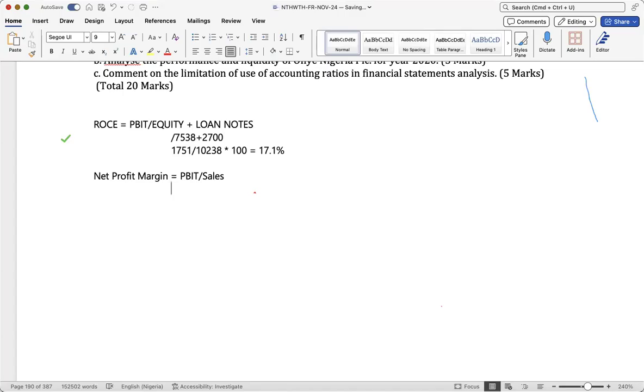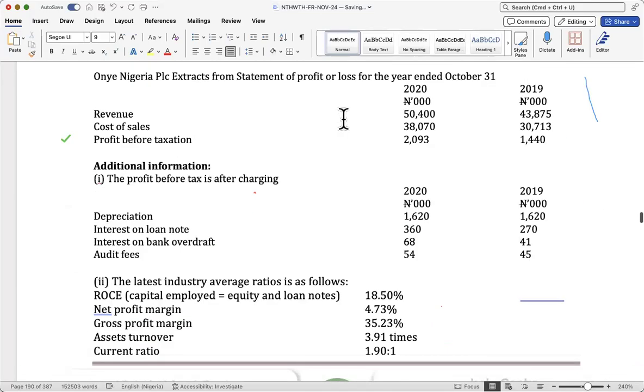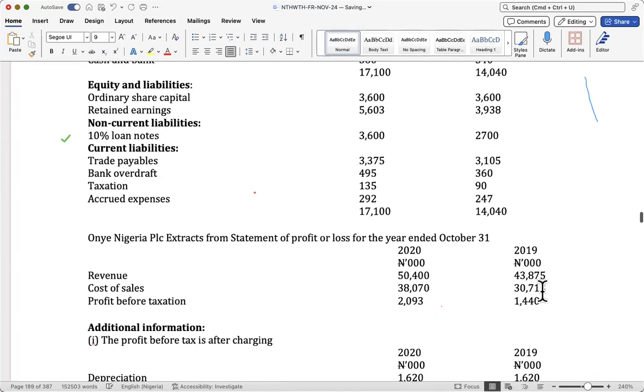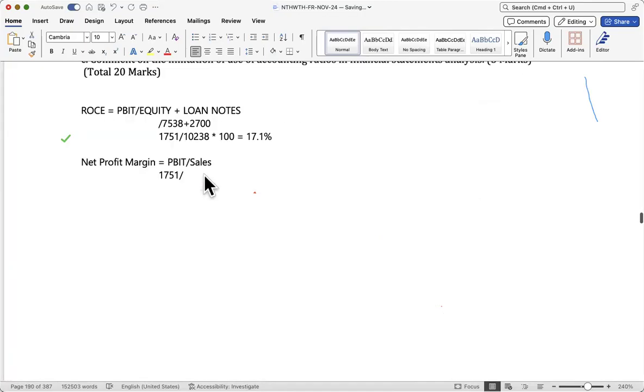So I'm doing 2019, and I'll allow you to do 2020. Since my PBIT, I've already computed it above as 1751, I will go and check my sales in my P&L. And what's my sales? 43875.